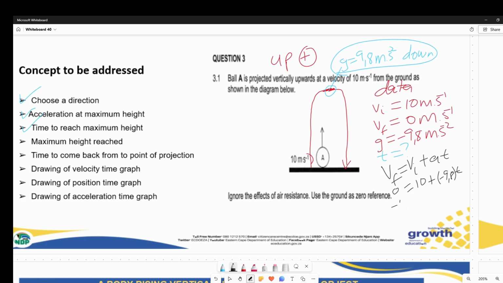It's going to be negative 10, which equals negative 9.8 t. Then we divide both sides by 9.8. Then we are going to get our t, okay, by punching the calculator.